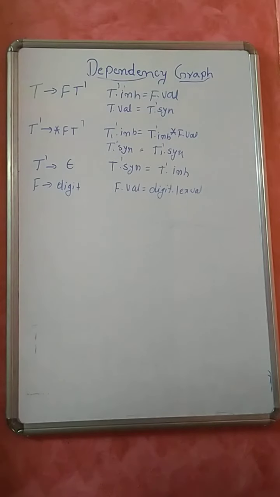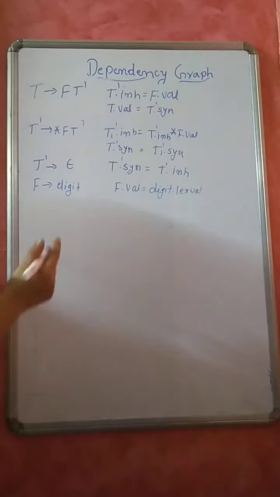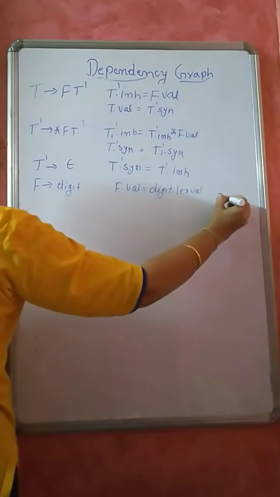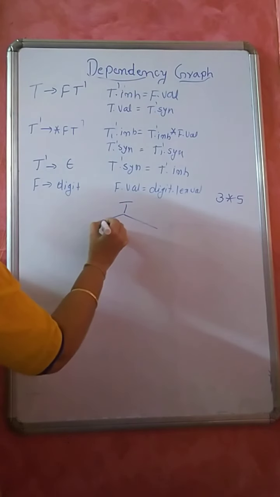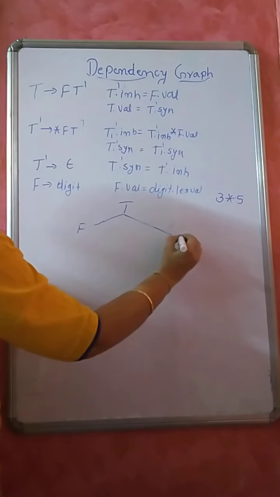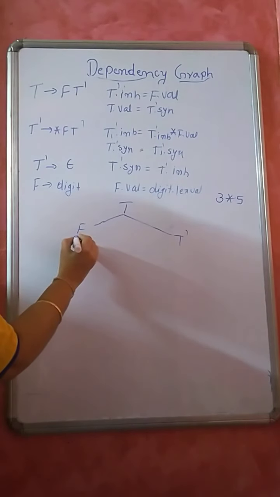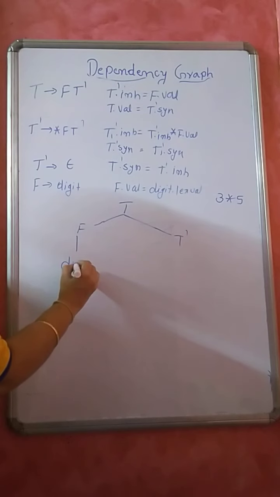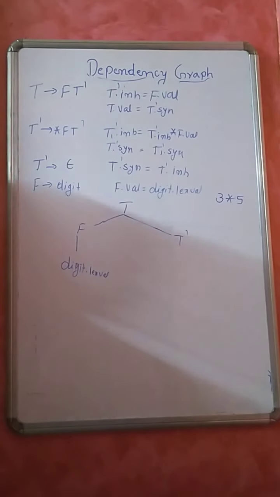Now we'll take one simple example, that is again 3 star 5 only. Write an annotated parse tree for this. So it is T determines F T dash, this one. Then F determines digit, F dot value is digit dot lexical value.